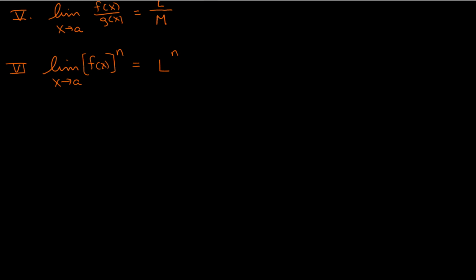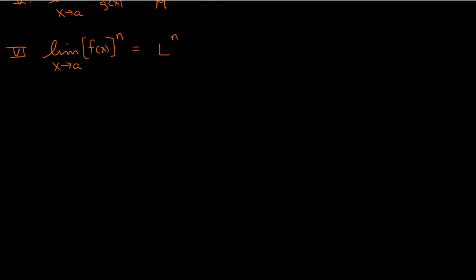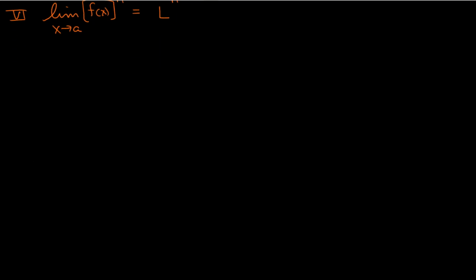These six properties are very important for evaluating functions. Let's take a look at something like this. Let's say you have something like the limit as x approaches -1 of the function x squared plus 6x minus 3. To evaluate this, you might just say, well, gosh, that's real straightforward.